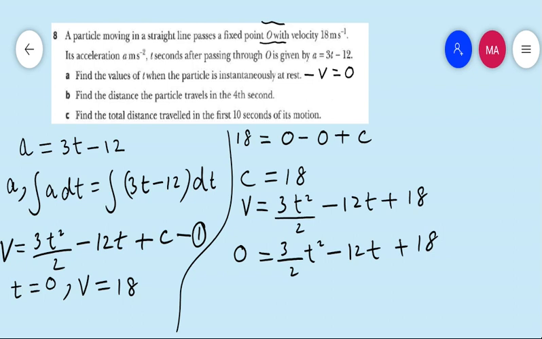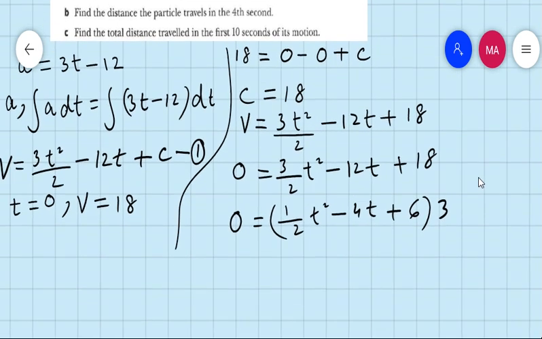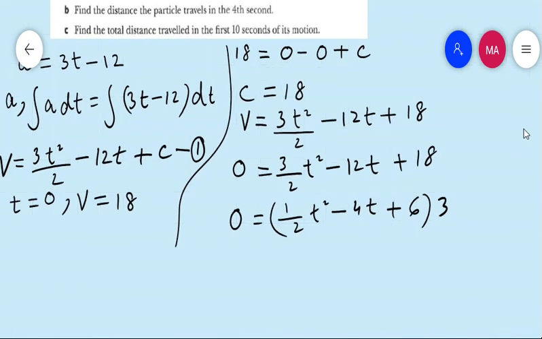If we take the common 3 from the whole equation, we will have 1 upon 2 t square minus 4t plus 6.